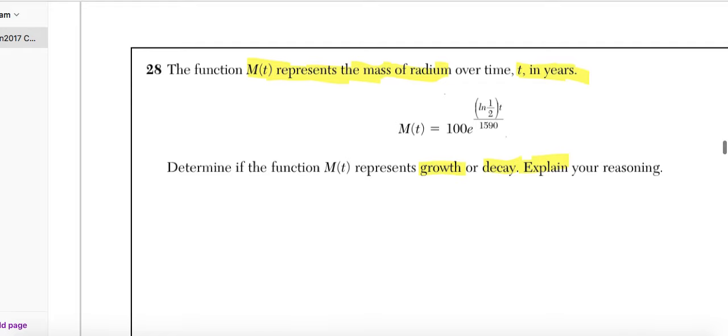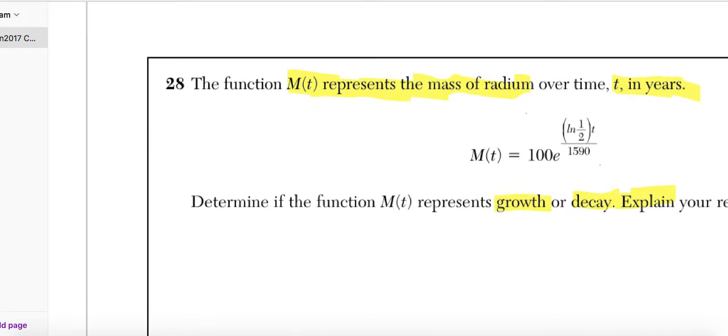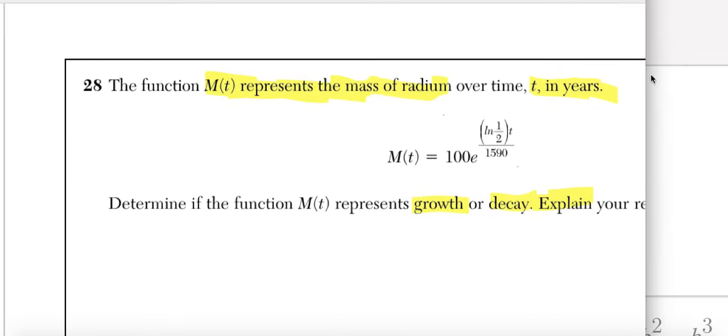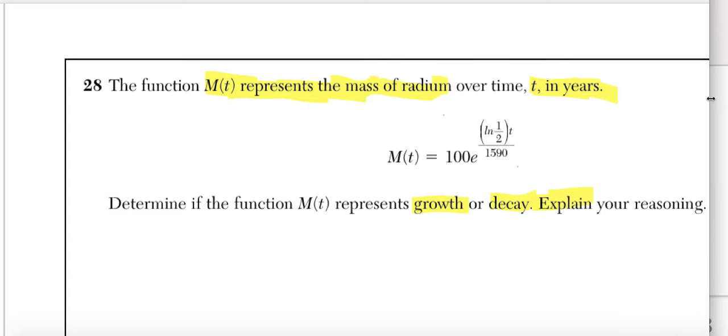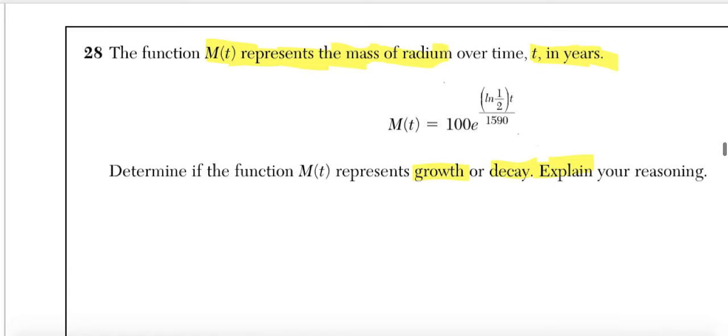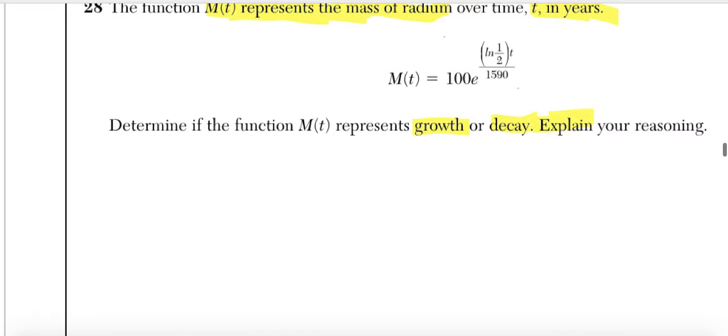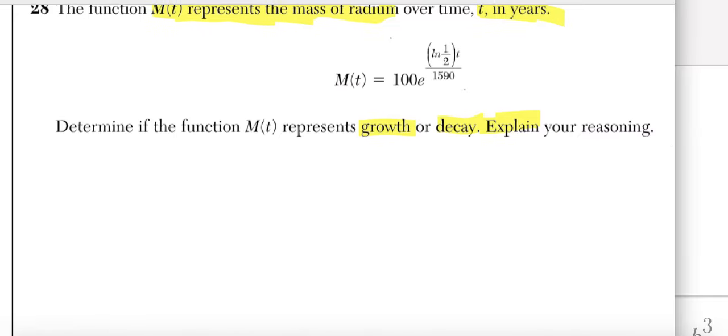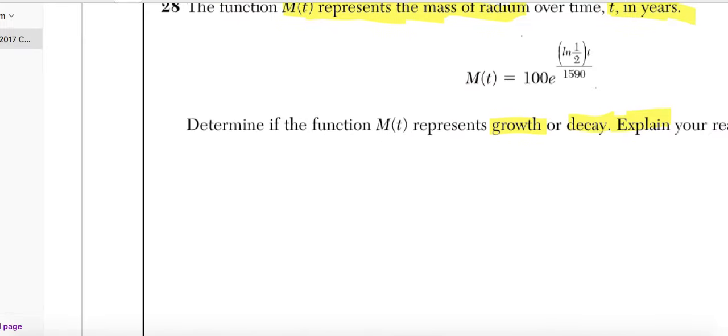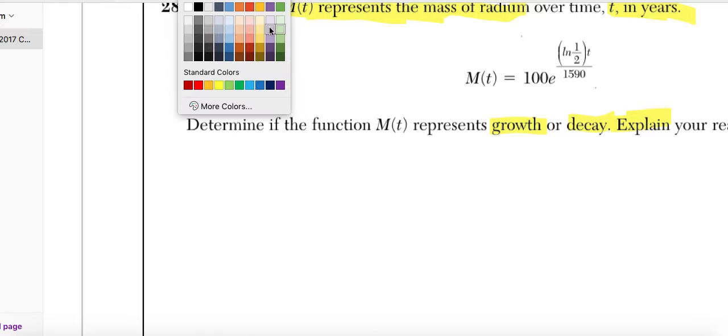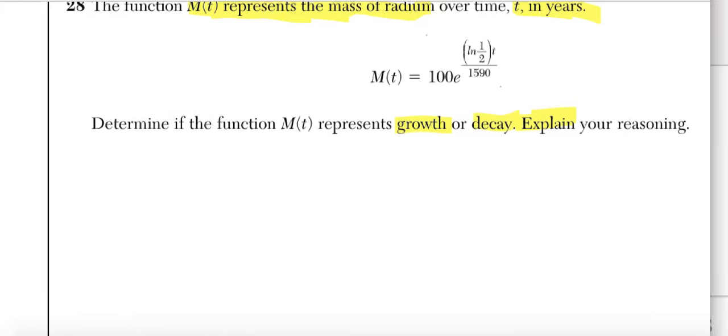Because what I'm looking at, guys, is e and natural log. E and natural log are inverses of each other, so they're going to cancel out. So here's what I mean. I could quickly rewrite this function. So I'm going to take out my highlighter. All right, I'm going to use a really light shade of green. And look at this natural log 1/2, right?